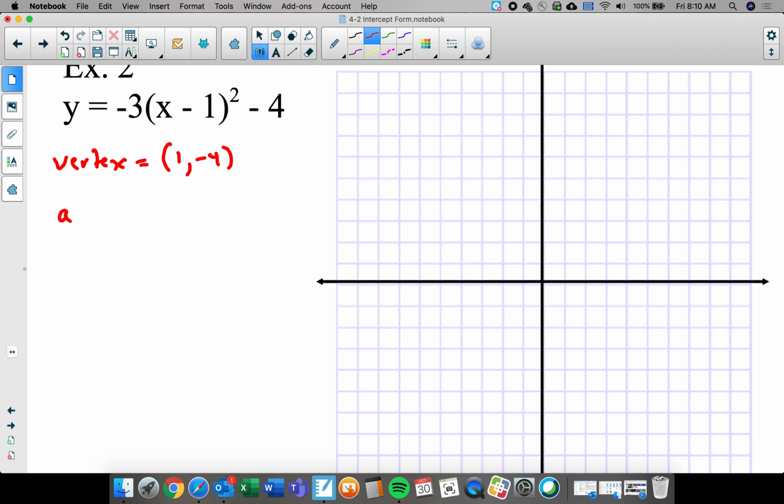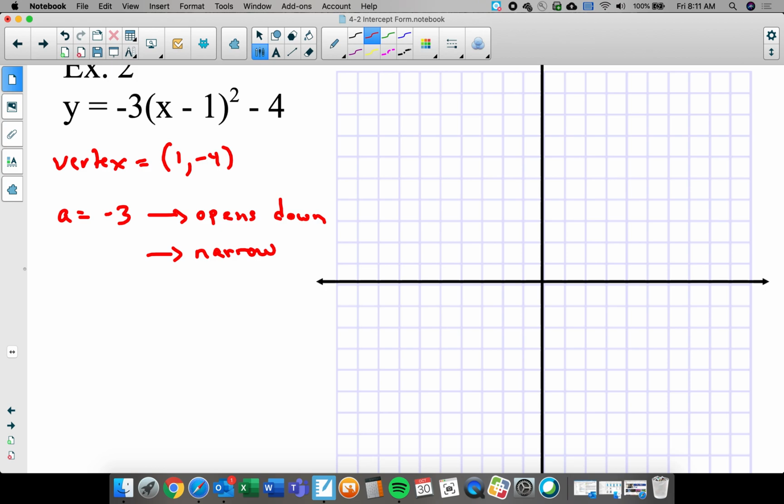I have an a value of -3, which means it opens down because it's negative, and it's going to be more narrow because of your a value being 3, which is greater than 1. The negative means it opens down. The 3 tells you that it's a narrow parabola.